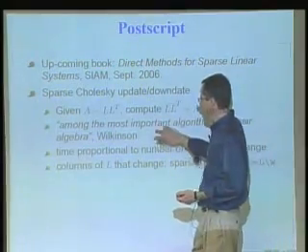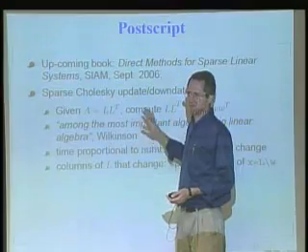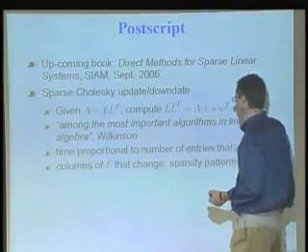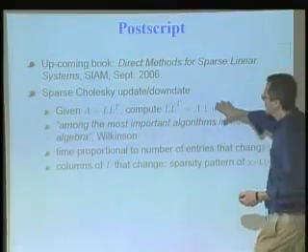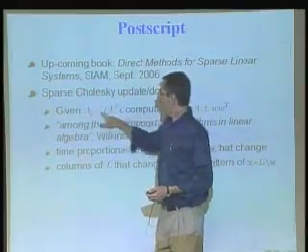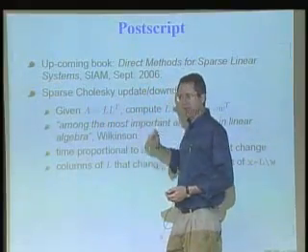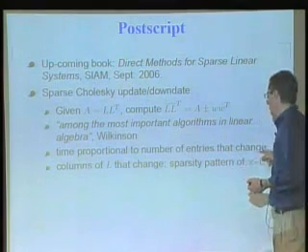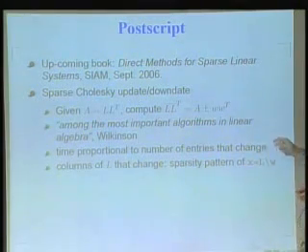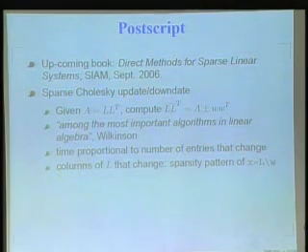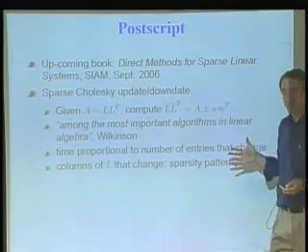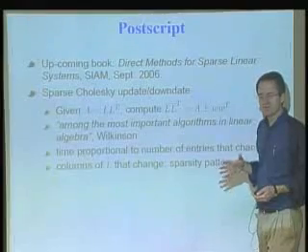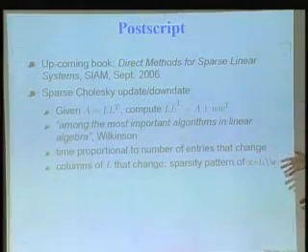What's interesting, though, is that it's not actually used that much. Wilkinson was maybe ahead of his time. I don't know. But what's interesting about this, factoring is expensive, but updating it takes time proportional to the number of entries that change in the matrix. And think about that. You can't get any better. So this is an asymptotically, provably optimal method, which was very difficult to obtain.